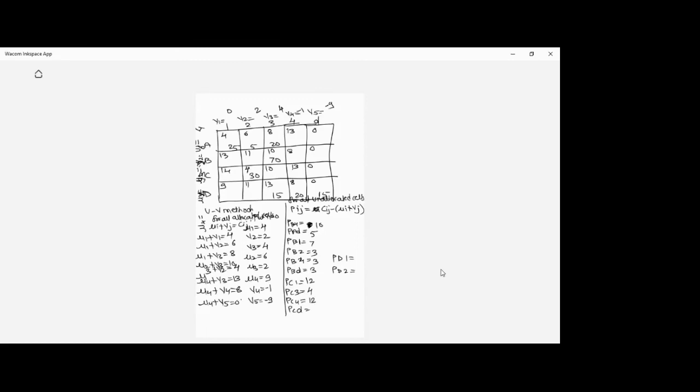For PCD, it is 2 minus 9 is minus 7 and 0 plus 7 is 7. For PD1, it is 9 plus 0 is 9 and 9 minus 9 is 0. And for PD2, it is 9 plus 2 is 11 and 11 minus 11 is 0. So we are lucky. All the cell evaluations are positive. So the obtained solution is the optimal solution.